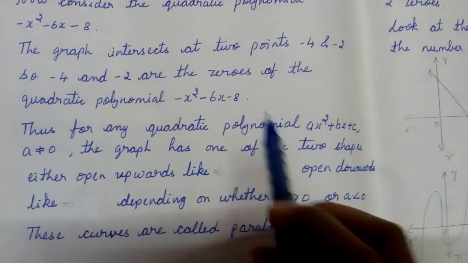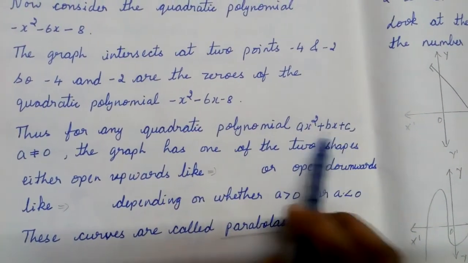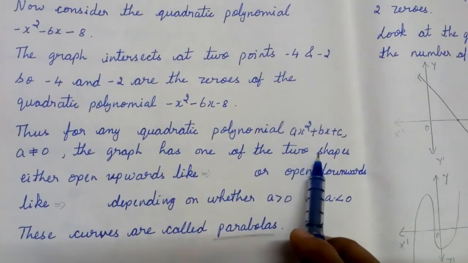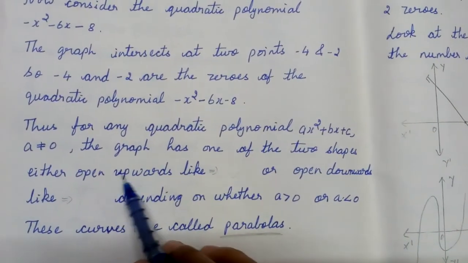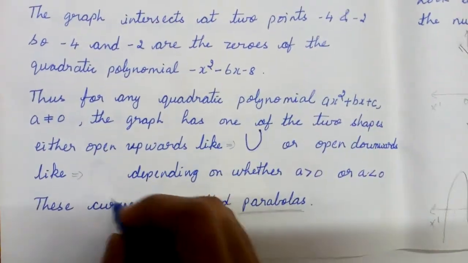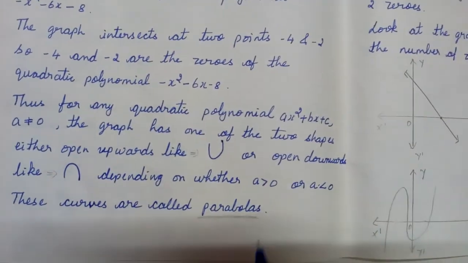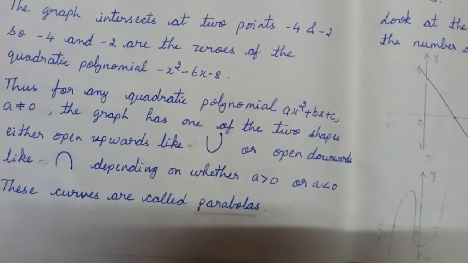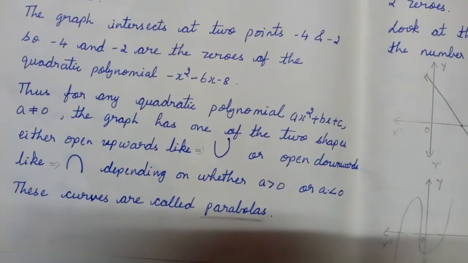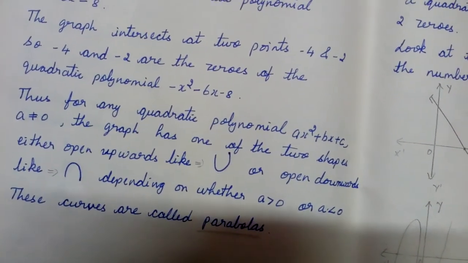Now, for any quadratic polynomial ax square plus bx plus c with a not equal to 0, the graph has one of two shapes: either open upwards like this or open downwards like this. Depending on whether a is greater than 0 or less than 0, the curve opens upwards or downwards.